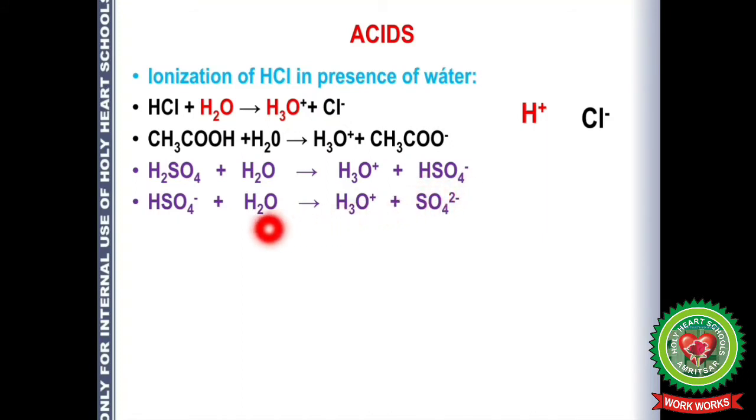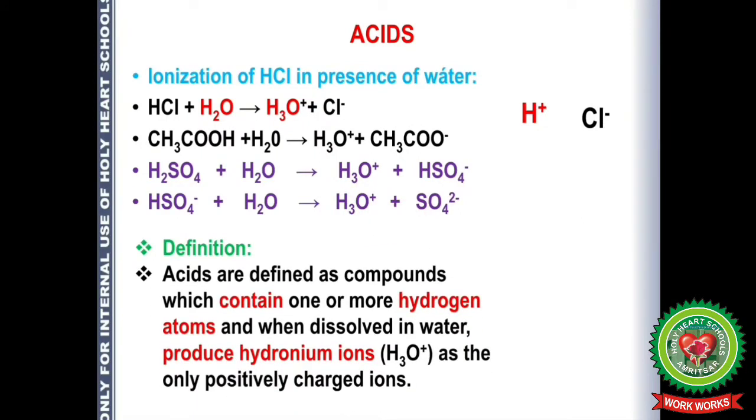This HSO4 minus again in the presence of water forms sulfate ion and H positive. H positive combines with water and forms hydronium ion. So with this, what we can conclude is that water is used, and hydronium ion is formed.